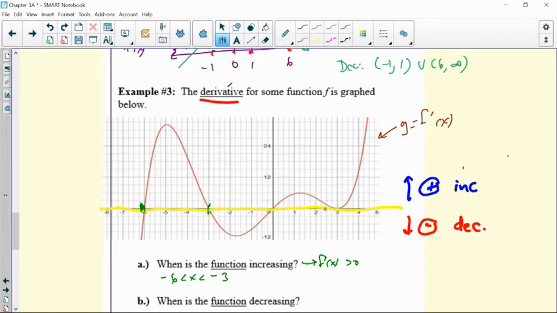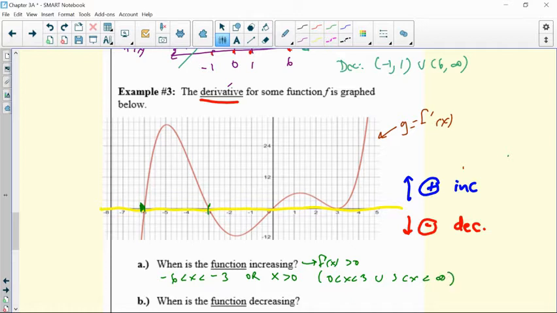Here it's 0 for an instant, but it continues to increase. So I could just combine that and say, or x is greater than 0, because that includes everything. Or if you wanted to, you could say 0 is less than x is less than 3, union 3 is less than x is less than infinity.